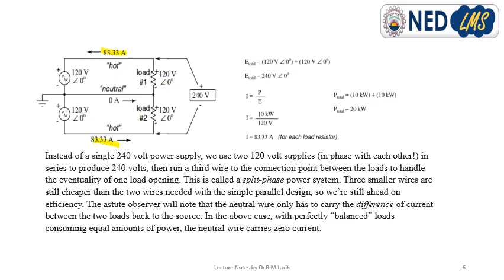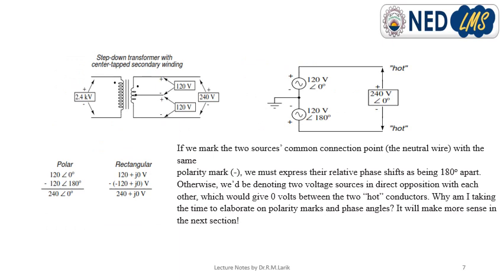So this system is called a split phase power system. Three small wires are still cheaper than two wires, indeed, with the simple parallel design. So we are still ahead on efficiency. Another way to supply the load is to take a step-down transformer with a center tap.